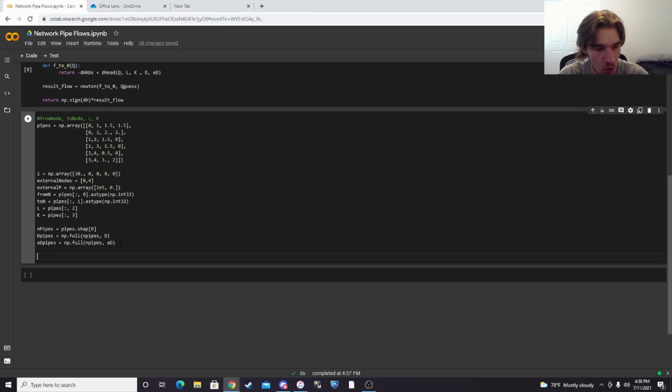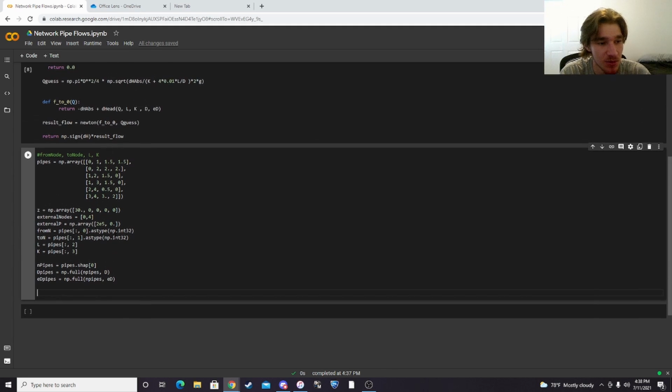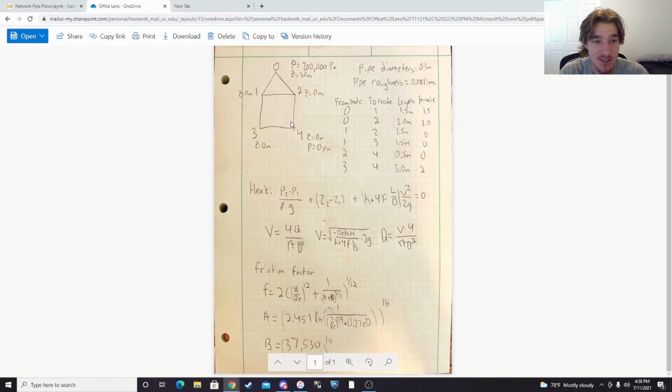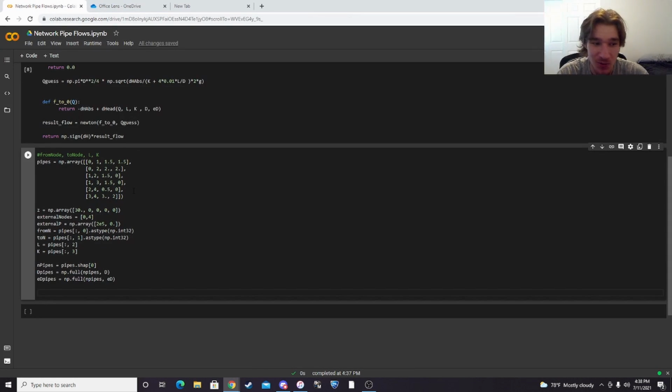Next thing we want to do is say the number of nodes. We know that it's 5, but what if we add more pipes? We might not know. We want to specify according to our list, right?